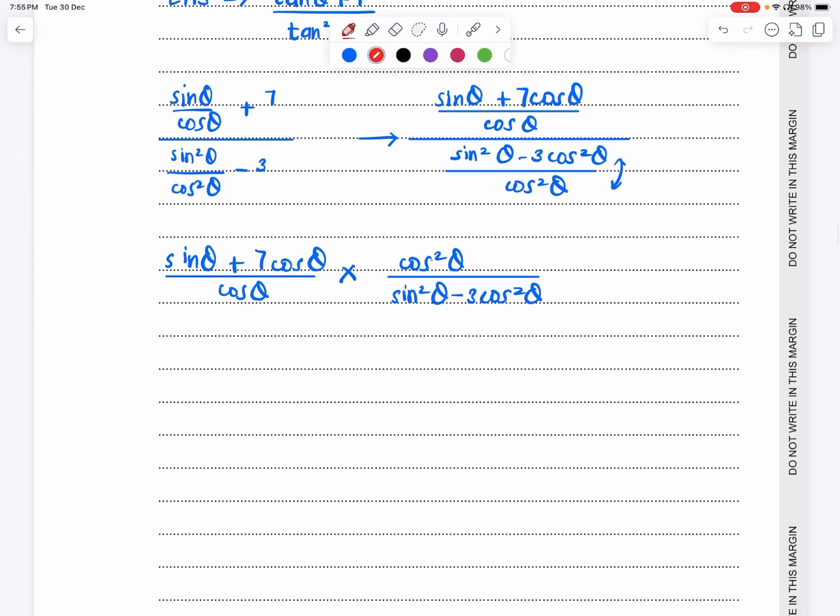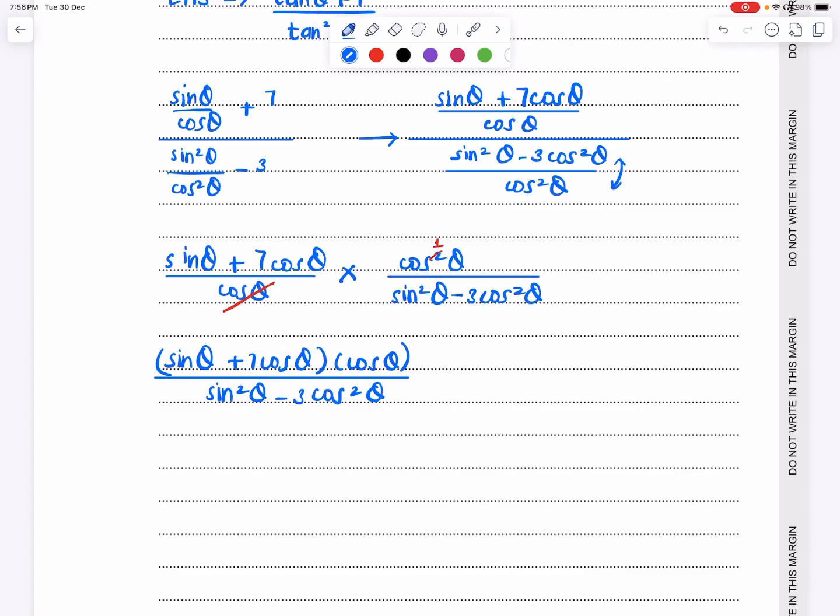This and this can cancel out. This becomes 1. And you will be left with sine theta plus 7 cos theta into cos theta divided by sine square theta minus 3 cos square theta.